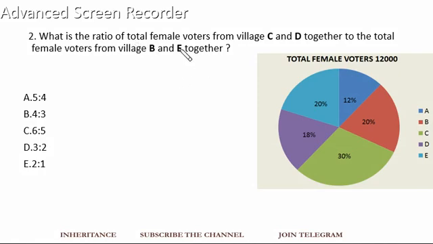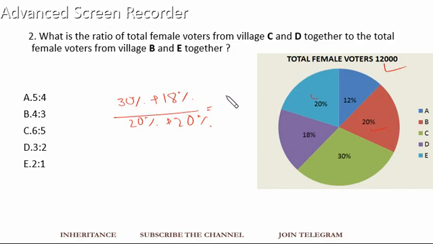What is the ratio of total female voters from village C and D together to the total female voters from village B and E together? C is 30%, D is 18%, divided by B and E. B is 20% and E is 20%. See, we are not using the big data, because we have to calculate the ratio, not the actual value.